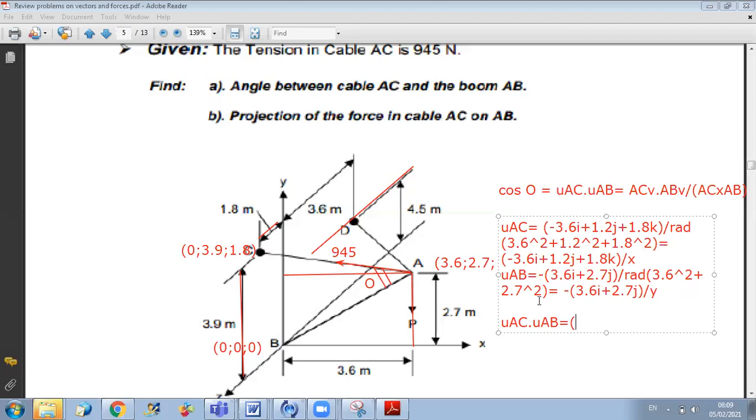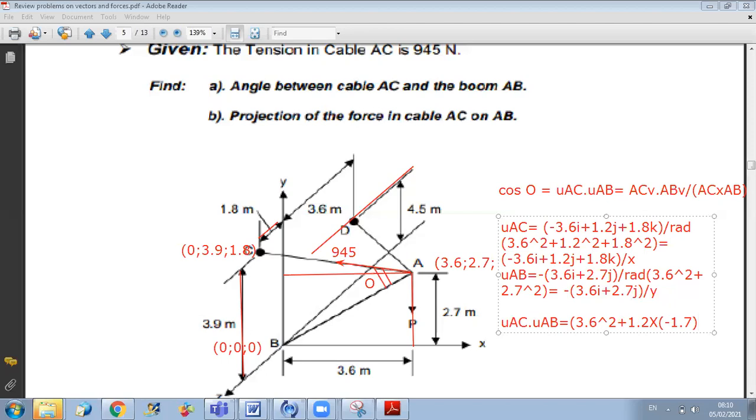Okay. So if I do the dot product, first for i, minus 3.6 times minus 3.6, so 3.6 squared, plus for the y component, it's plus 1.2 and minus 2.7, so it's plus 1.2 times minus 1.7.